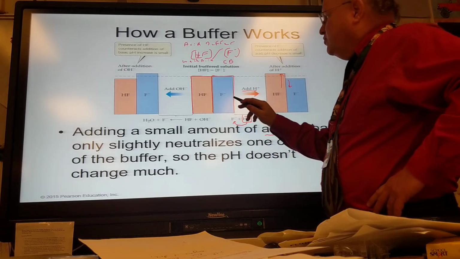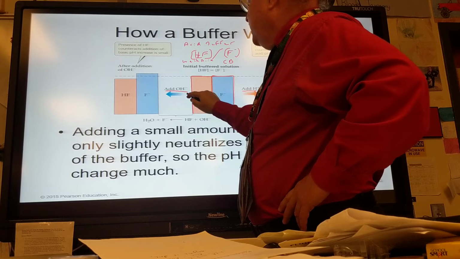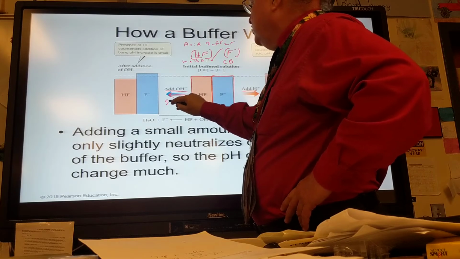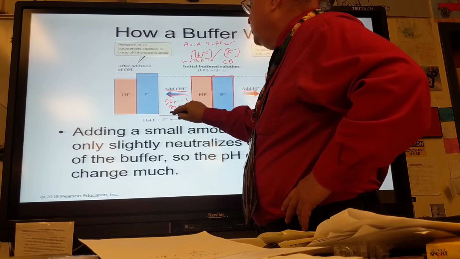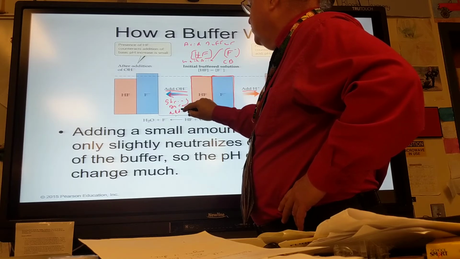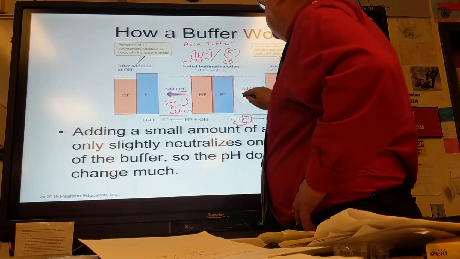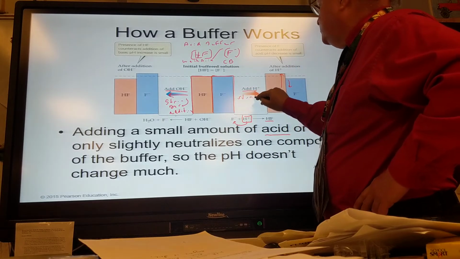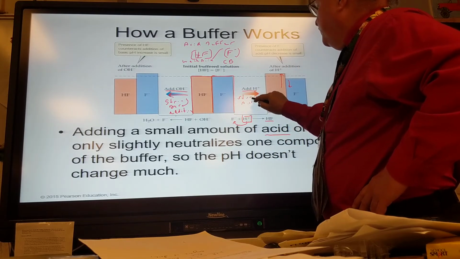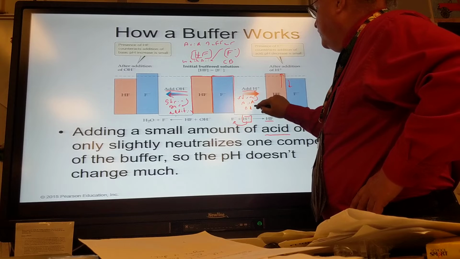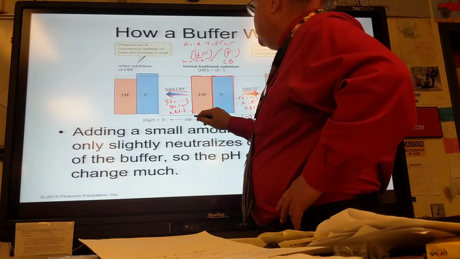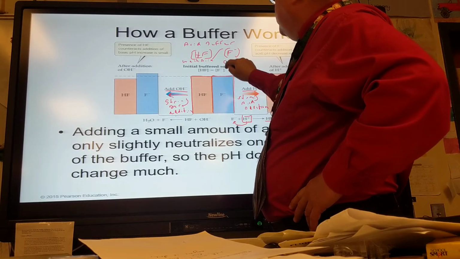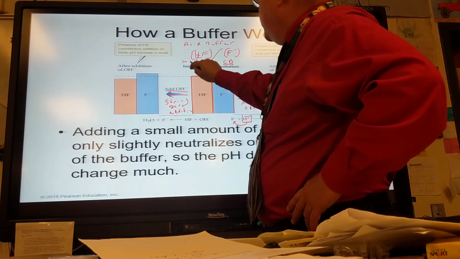Now, on the other end, this side would have been strong acid addition, and this would be strong base addition. If I add a strong base to the system, it has a choice. You have a base and an acid.